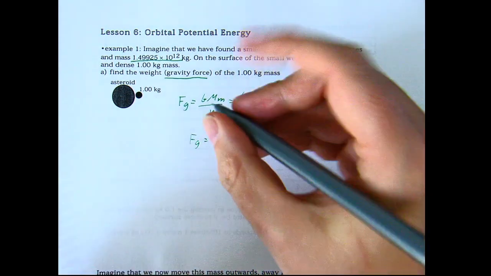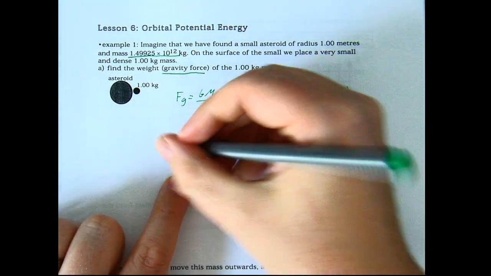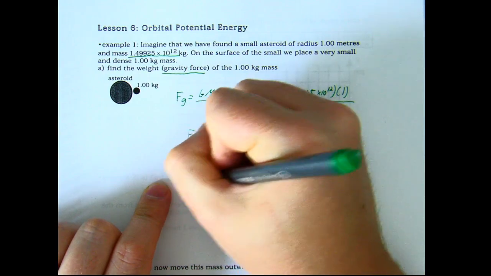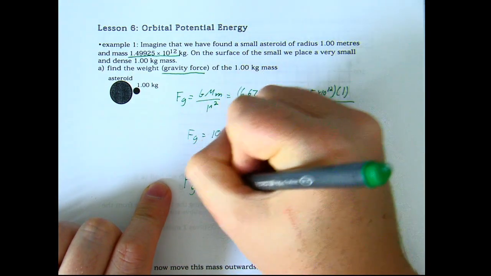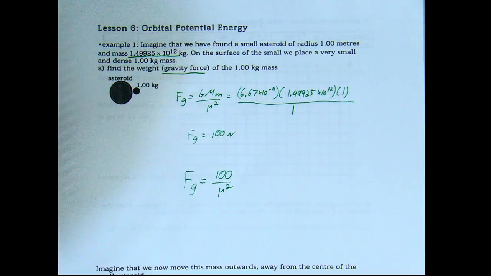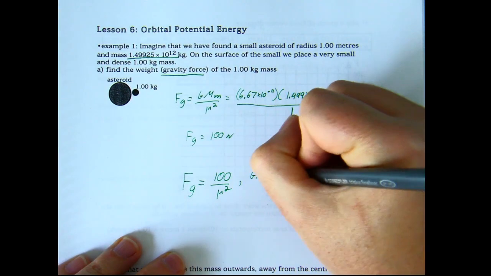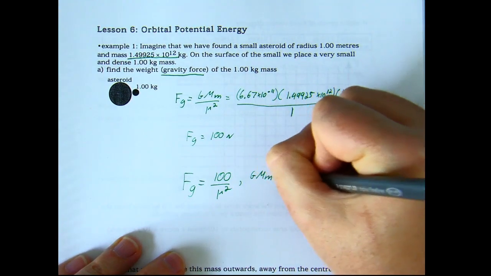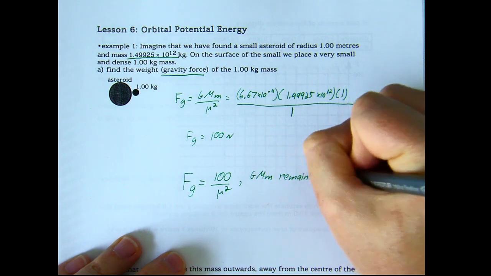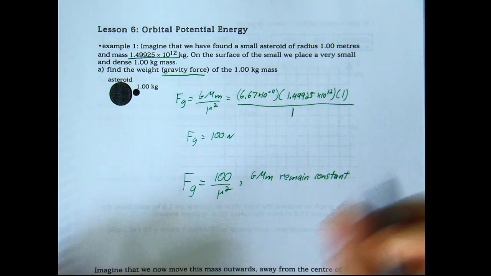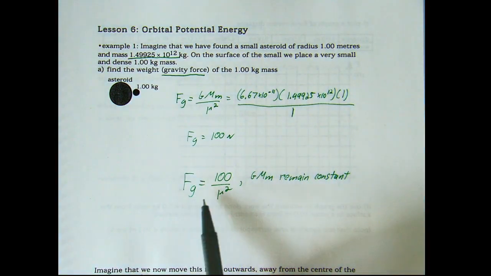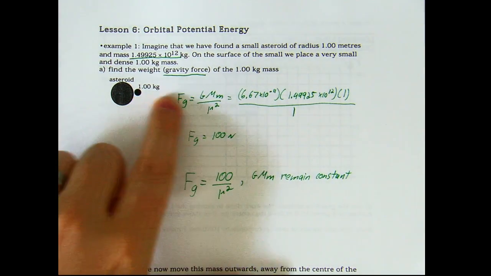We can actually rewrite the situation that's happening here as Fg equals 100 over r squared, because G, M, and m remain constant. And now we can use this expression to start to analyze what's going to happen as we start to move the 1 kilogram mass away.